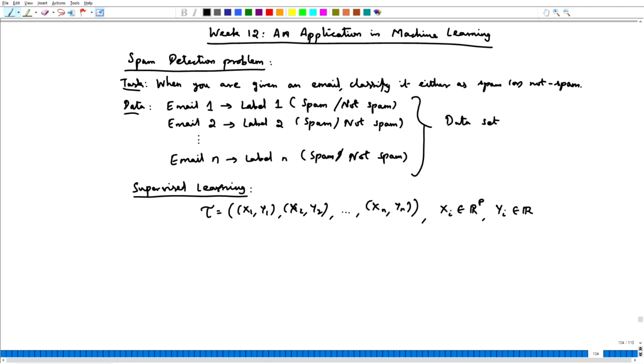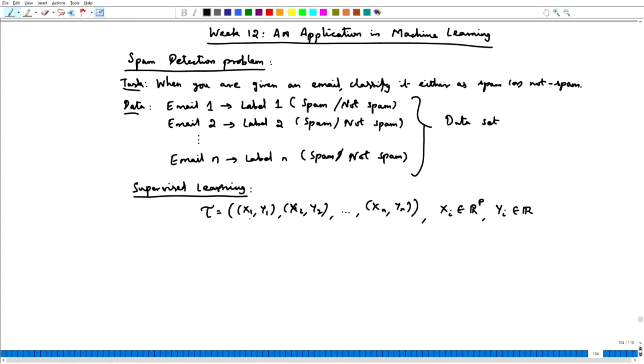Here it is not even that, it is actually 0 or 1. What I have given in the example is called a classification problem. You either classify it as 0 or 1, but we could also have a regression problem.